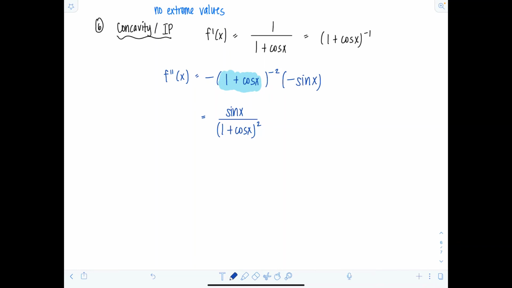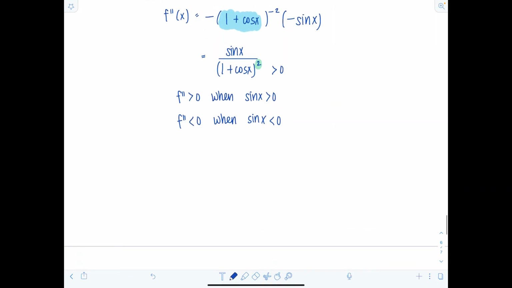This second derivative, I notice the denominator is squared, so it's always positive, except for where it doesn't exist, but those aren't points in the domain, which means that f double prime is positive when sine of x is positive, and f double prime is negative when sine of x is negative. So the graph is going to be concave up whenever sine is positive.